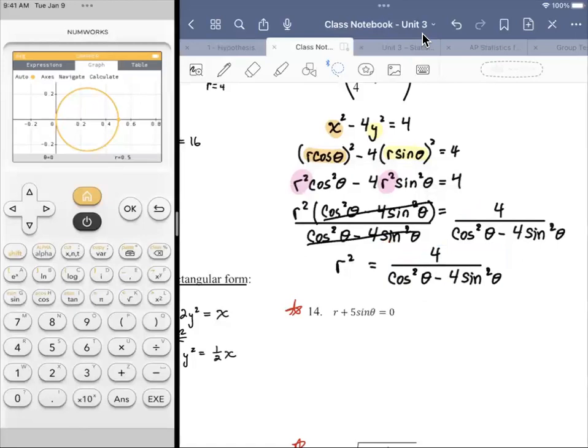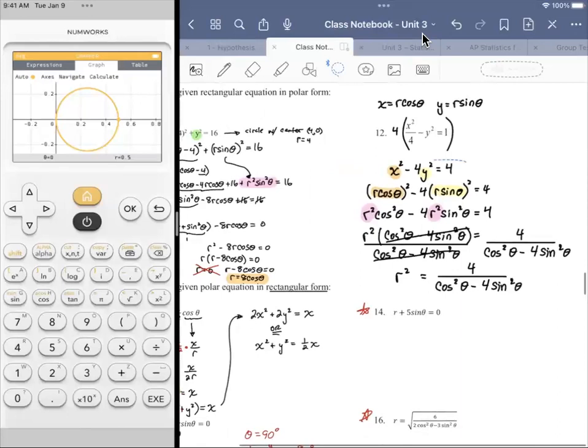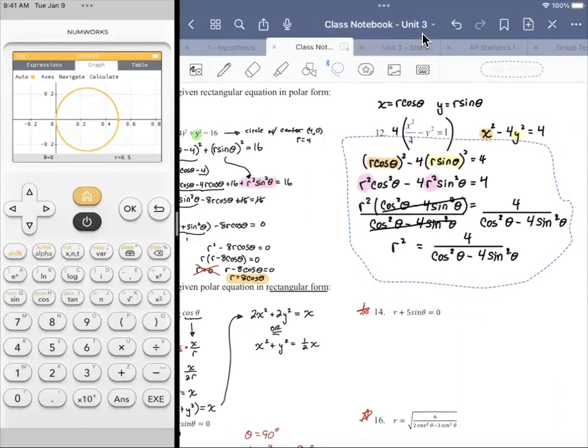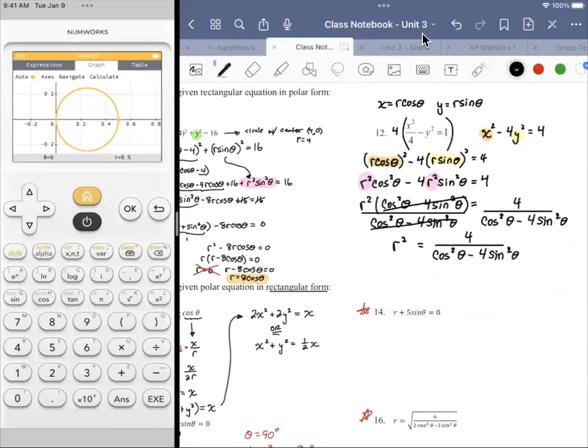And then, just the last little bit there would be to take the square root of both sides. So it would be R equals this under a radical.